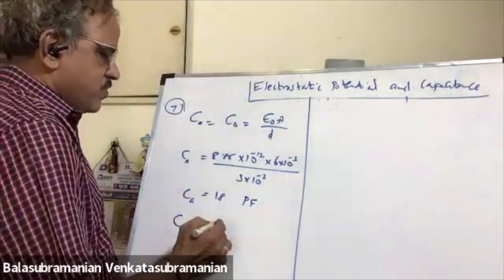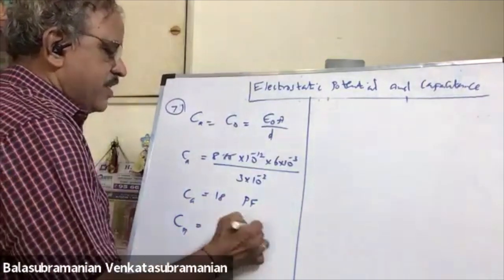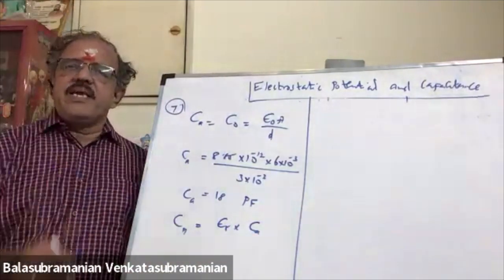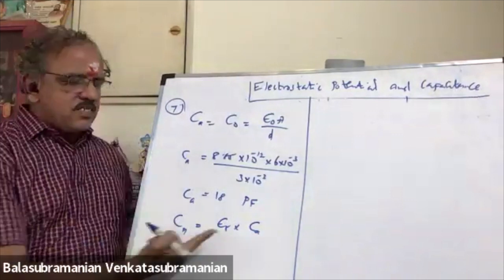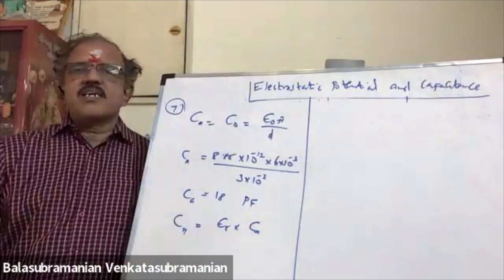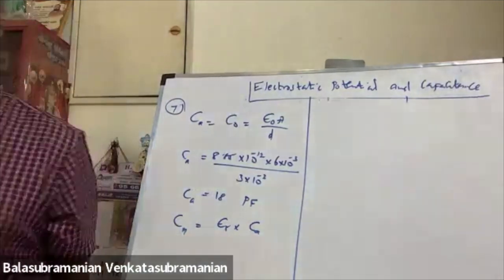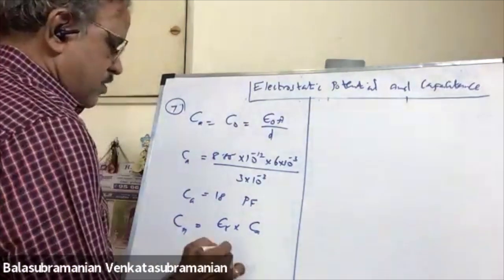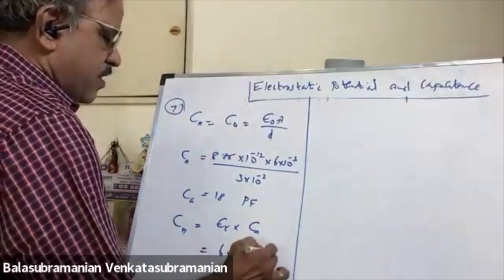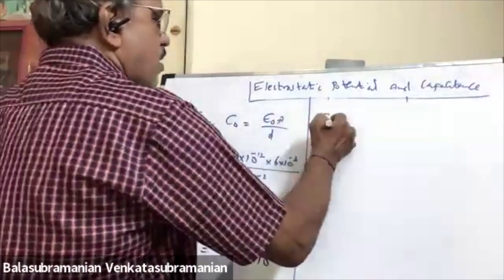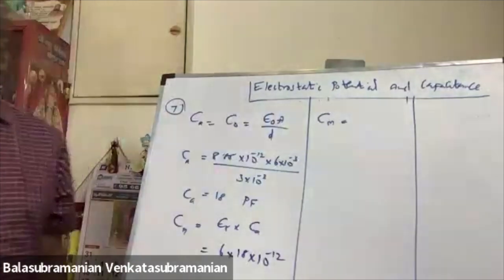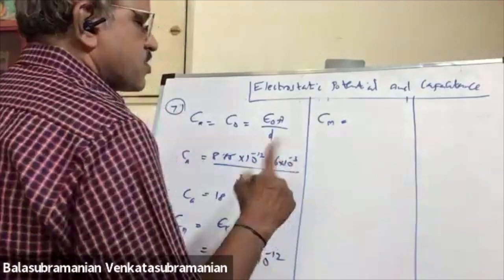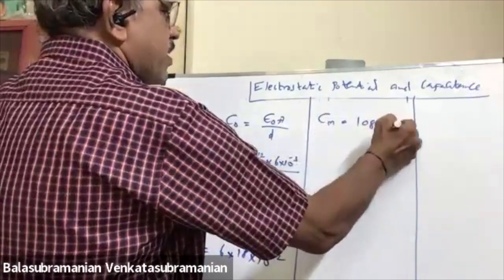C medium is epsilon R into C air, epsilon R epsilon naught A by D. Epsilon naught A by D is C air, so multiply by the dielectric constant straight away. What is the dielectric constant given in the problem? 6, into 18 picofarad. Calculate: 18 6s are 108 picofarad.